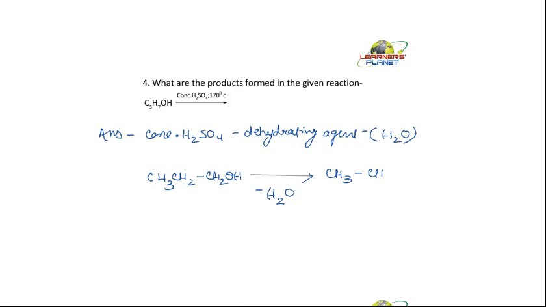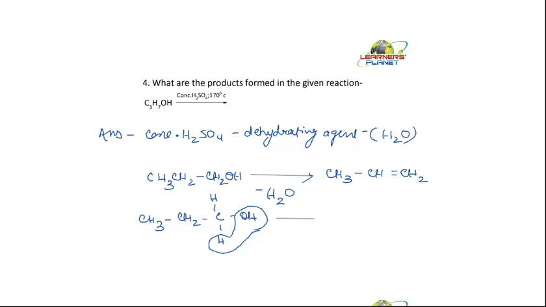And your formula becomes CH=CH2. How is this water molecule formed? I'll tell you about this. This is CH3, CH2, CH, H, and OH. So this is the way your water molecule is formed.